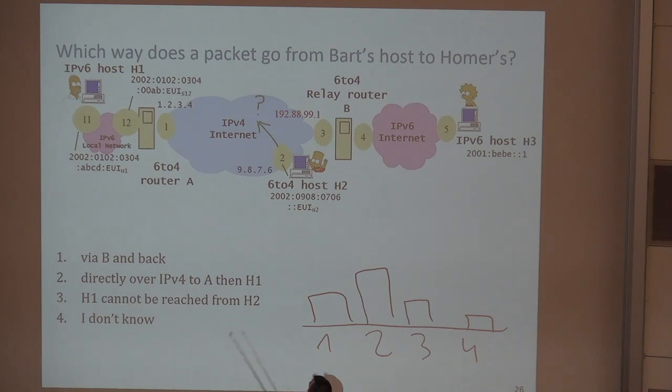So if it has no IPv6 routing table, then it will send to the default, which is to encapsulate the packet and send it to which IPv4 address? Well, to the IPv4 address 1.2.3.4. So this is what it will do, hopefully.